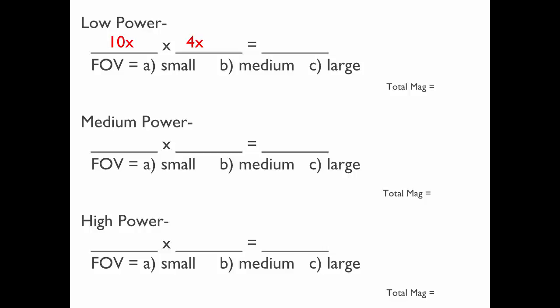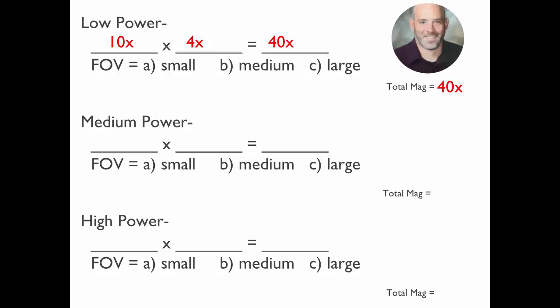What's our total magnification again? 40x. Did that give us a small, medium, or large field of view, Emily? Large, because we see a large area. Okay, total magnification 40x, and we have a large field of view.